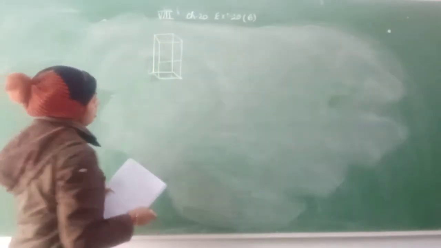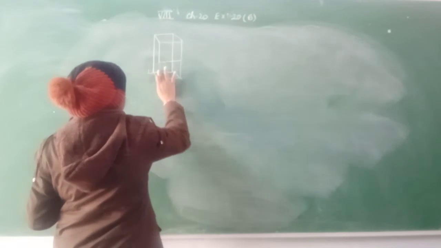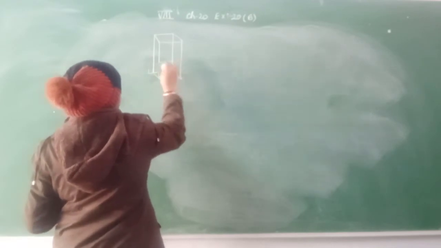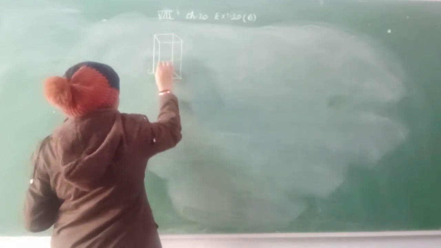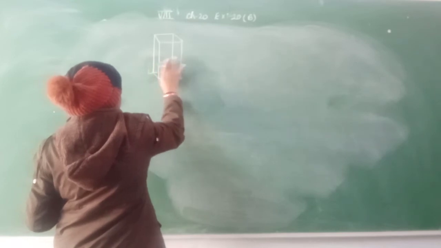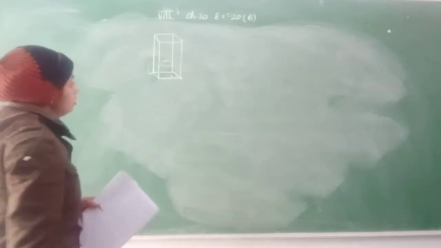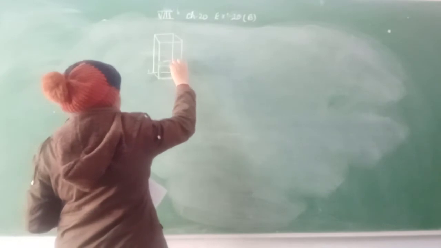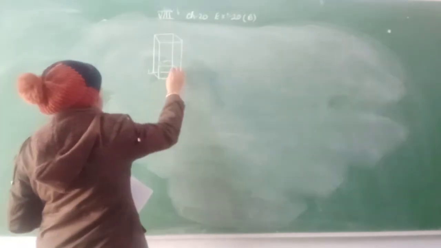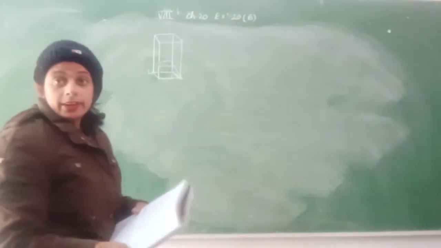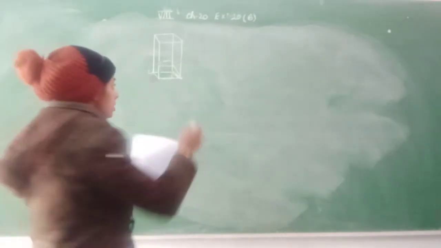Clear? So this is your rectangular base, a long can with a square base.